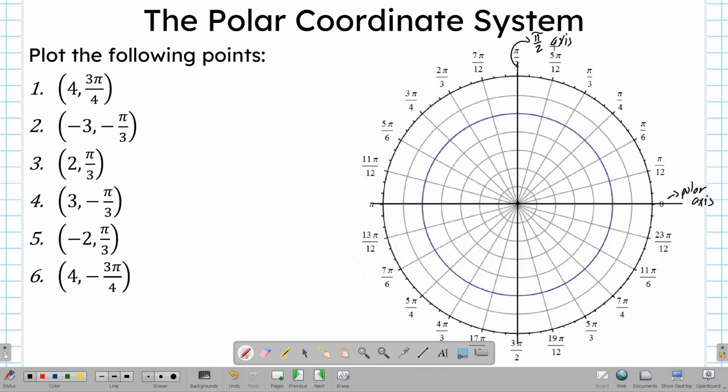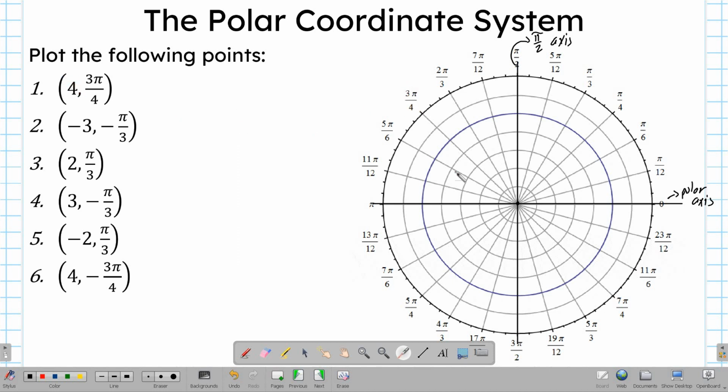Now, we are asked to plot, for example, the point (4, 3 pi over 4). R, remember, is the distance from the pole to the point, and 3 pi over 4 is the angle. Sometimes it's easier to find the angle first. Since it is positive, we have a counterclockwise direction of rotation. Here, easily, we can find 3 pi over 4.